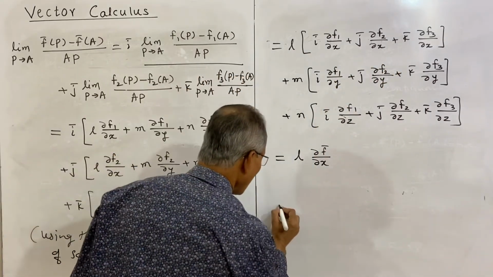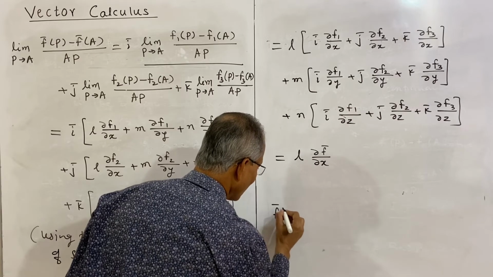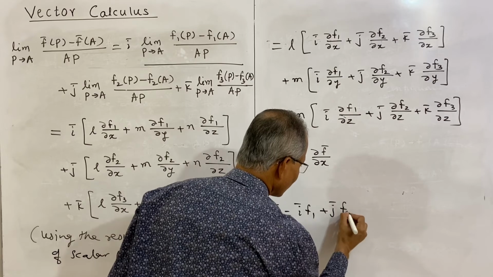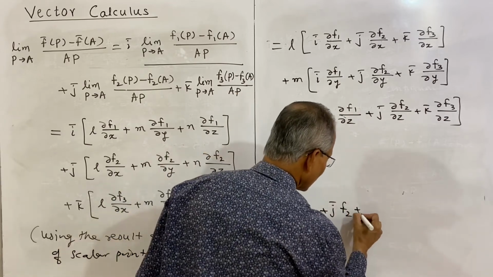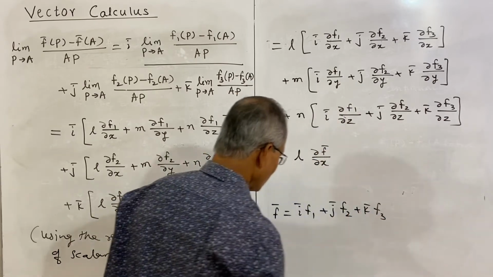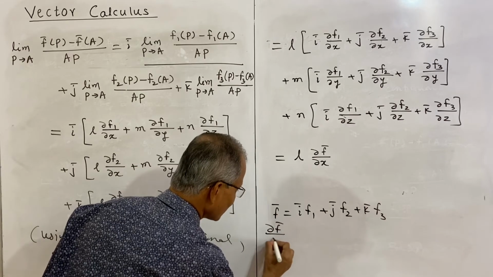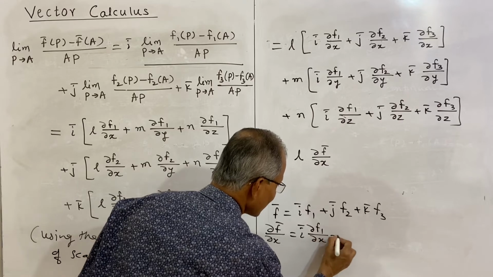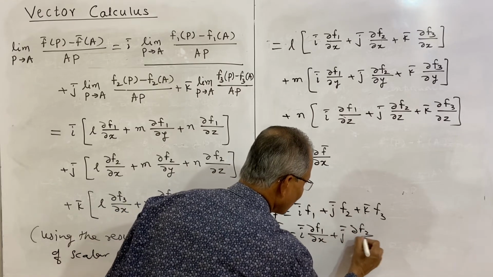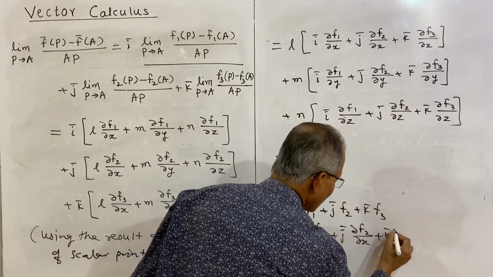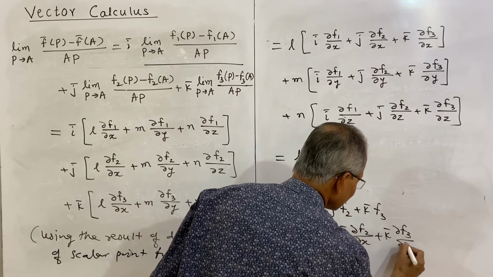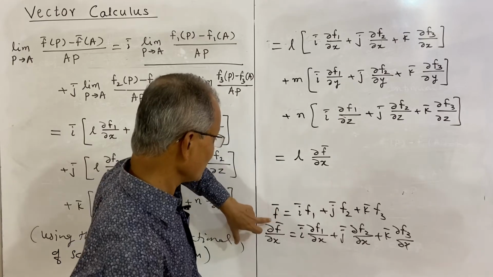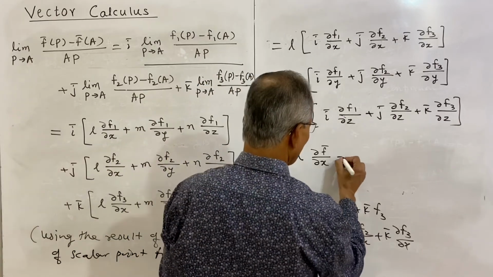Because we have written f bar as i f1 plus j f2 plus k f3 at (x, y, z). So ∂f̄/∂x will be i ∂f1/∂x plus j ∂f2/∂x plus k ∂f3/∂x, and it is the same. Therefore this is l ∂f̄/∂x plus m.